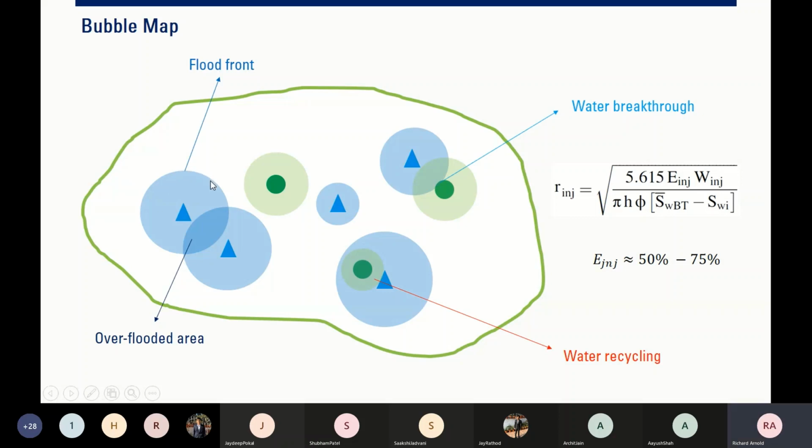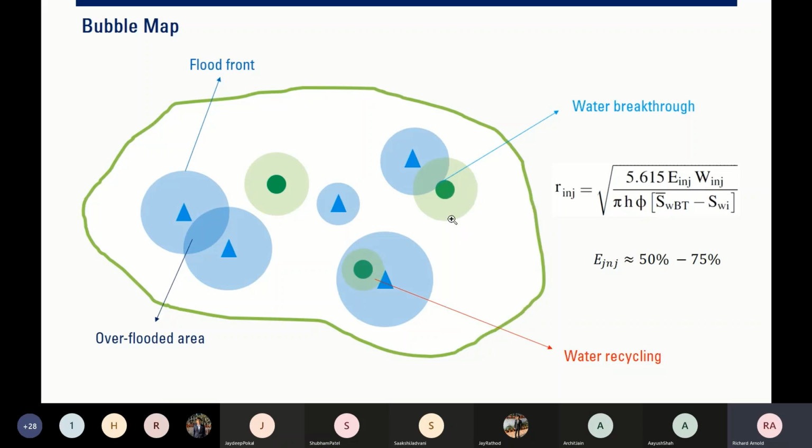It tells you where the flood front is. It tells you the overflooded area like this one. It is overflooded. You have two injectors at very close position, and this area is overflooded. And in this spot, you suffer water breakthrough. The waterfront actually arrives at your producer.